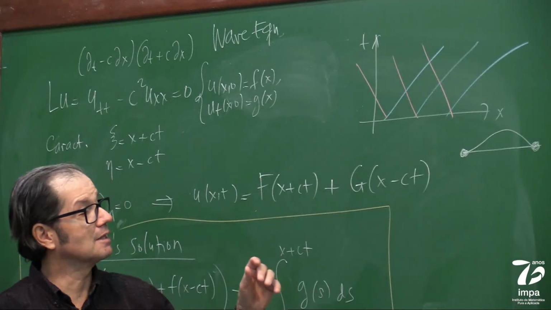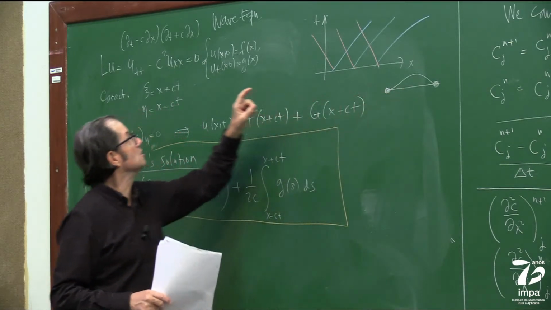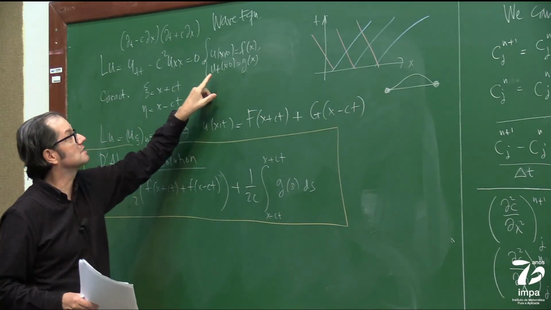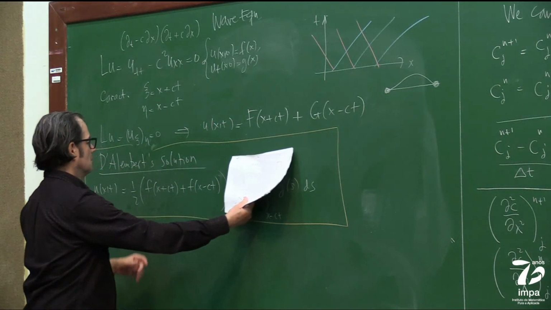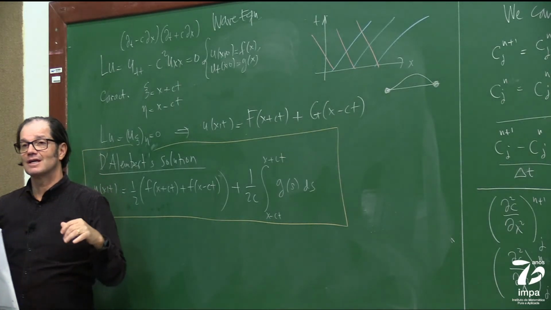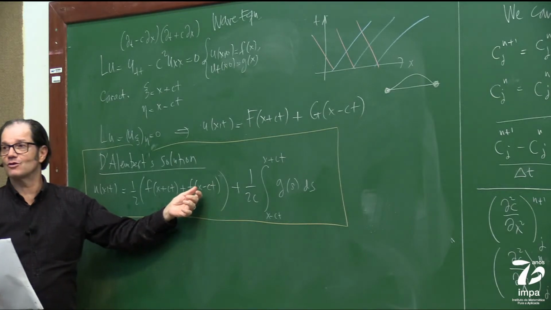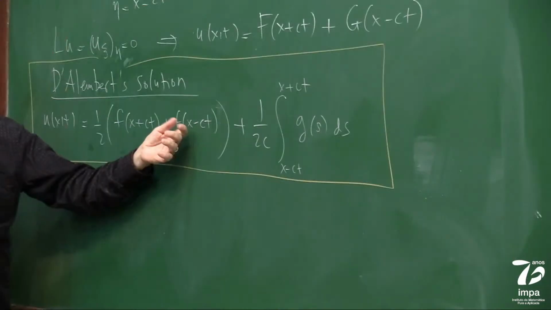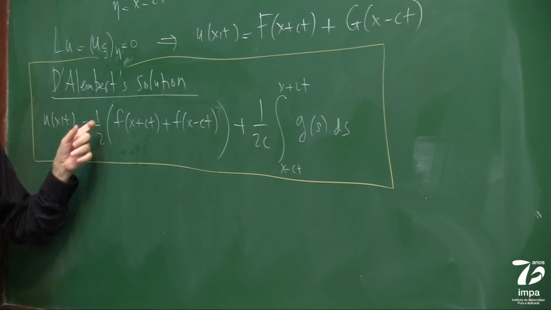But it's actually interesting to see that in this case, G is 0 because the initial speed is 0. This guy doesn't appear. And what we have when we see the string just going up and down is a perfect synchronization of a right and a left going wave of half the amplitude.